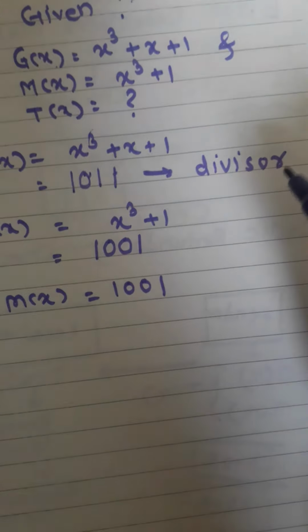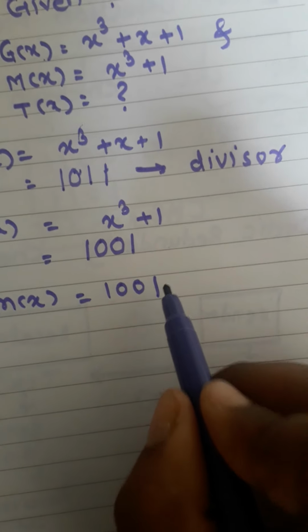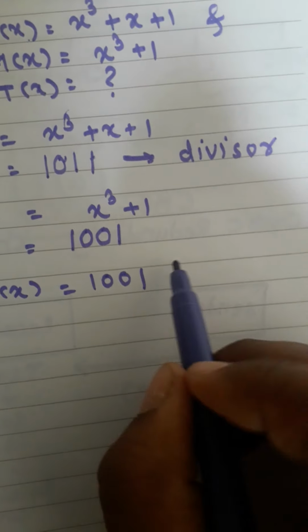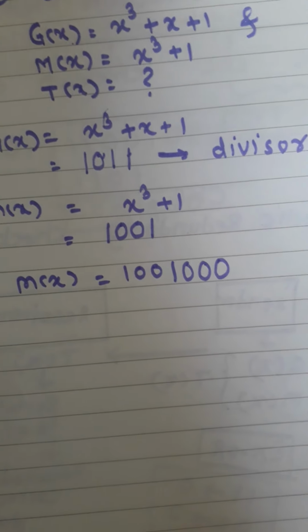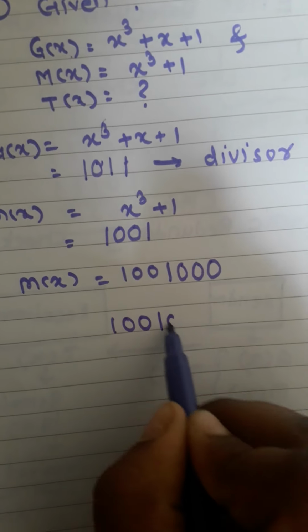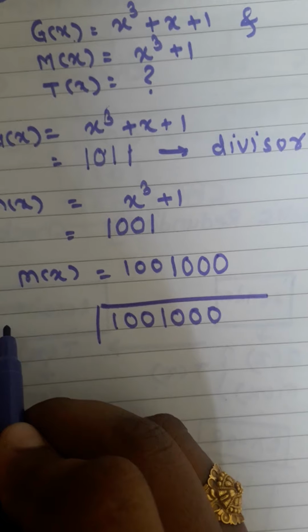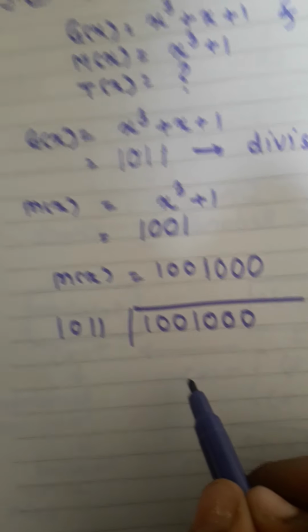So divisor bits minus 1, that many zeros we have to append here. We have 4 bits, so 4 minus 1 will be 3. So we are going to append a total of 3 zeros to this message. Fine. Now take this number, 1001000. Now we have to perform the modulo division operation, where we are going to use XOR.